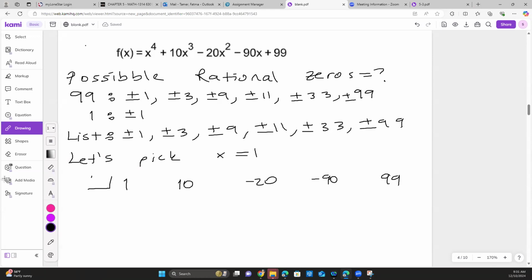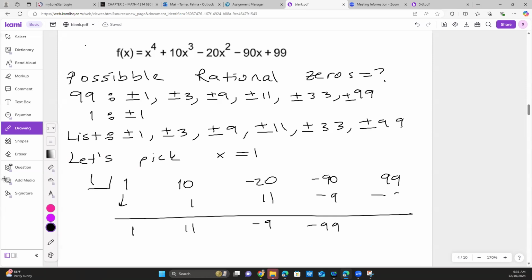Bring down the 1, multiply, add, multiply, add, multiply, add, and multiply, and add. So that's very good. The remainder is 0. So we know that 1 is a real zero, an actual zero. It definitely works. Very nice.